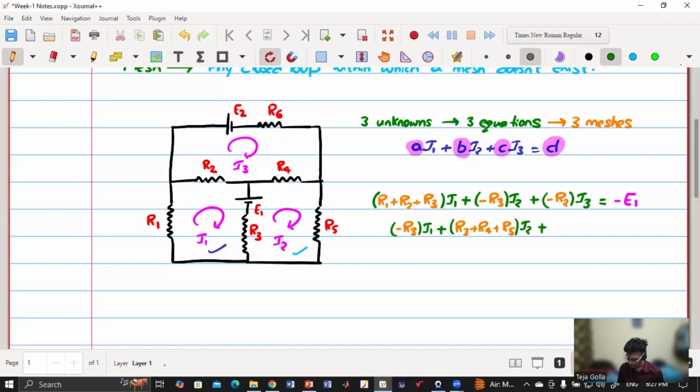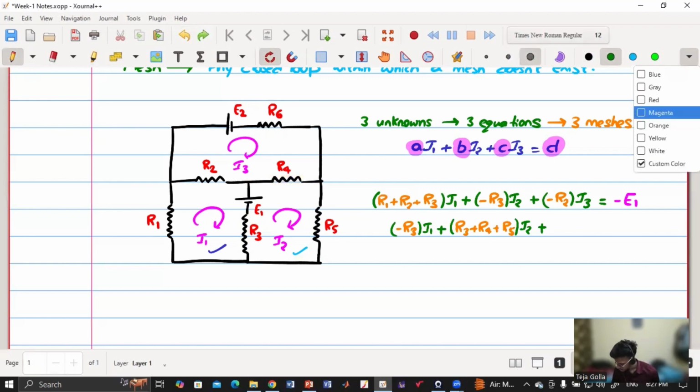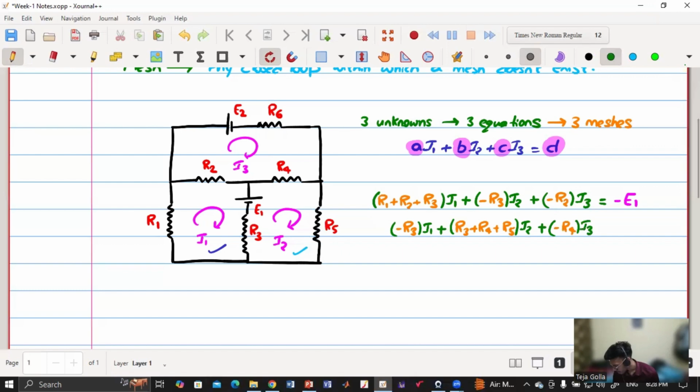The coefficient of I3 will be the negative of the resistance in common between that mesh and this mesh, which is R4. So what will be the value then? Minus R4. Yes, Akshaya, you're good. So the coefficient is minus R4 into I3.